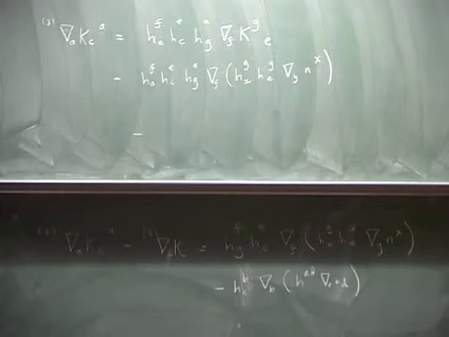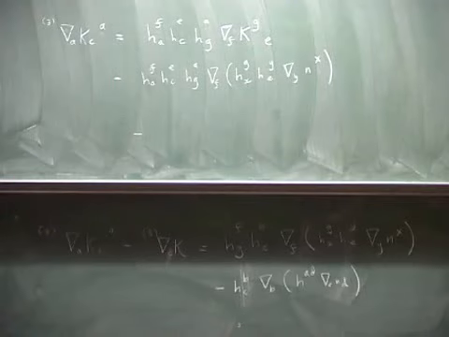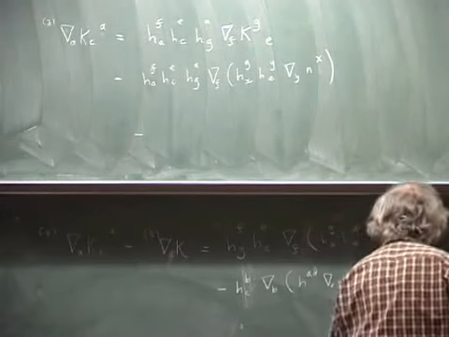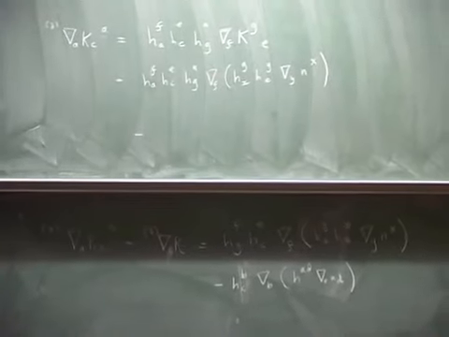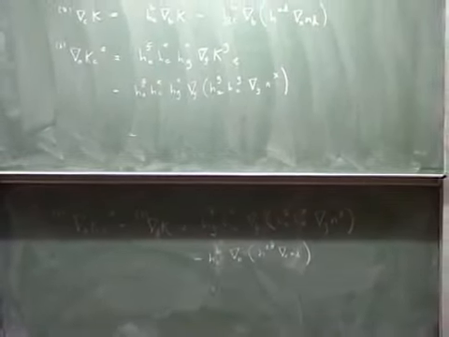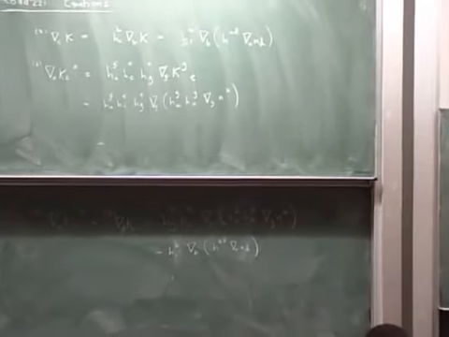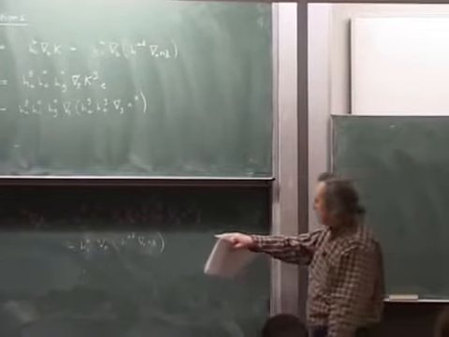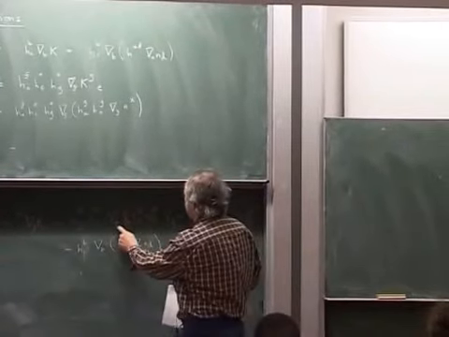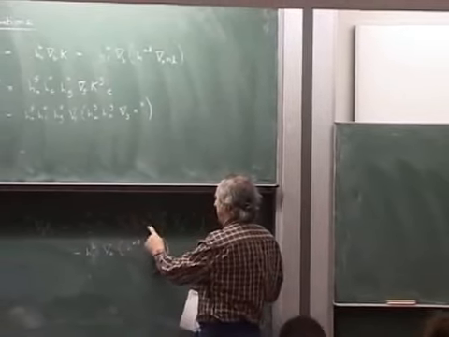Now you just multiply all this stuff out. At first sight, this looks horribly complicated, but here we've got h del f h^{gx}.